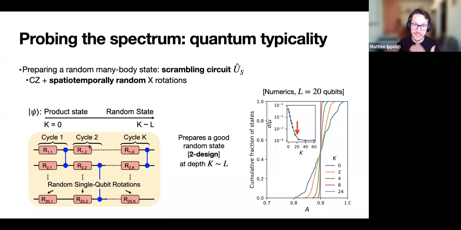So this creates a quantum circuit that scrambles information pretty efficiently, and the level of randomness we need for this purpose is technically a 2 design, and that is achieved at a depth of this random circuit proportional to the number of qubits. So in particular, with 20 qubits, on the order of 20 layers will do the trick.